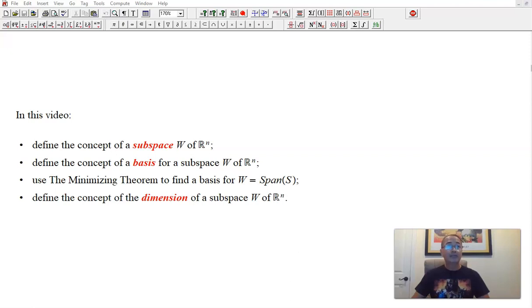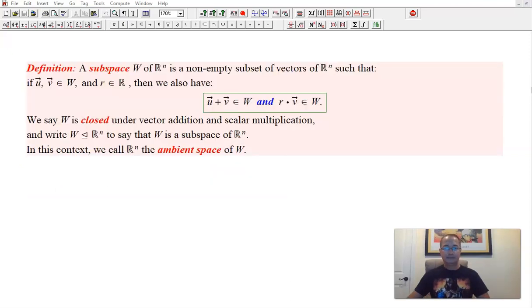So we will see a version of the minimizing theorem which will allow us to find a basis for the span of a set of vectors as a subspace. And finally, we will define the concept of the dimension of a subspace of Rn, and we will learn why Rn is called n-dimensional Euclidean space.